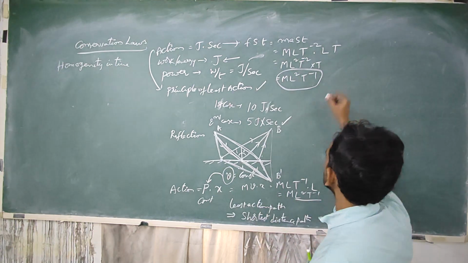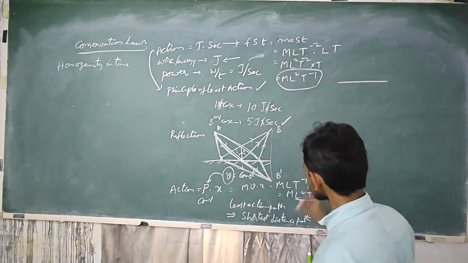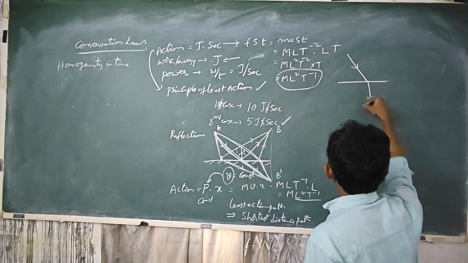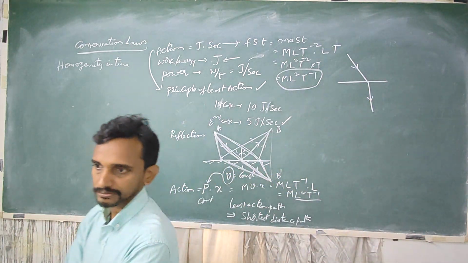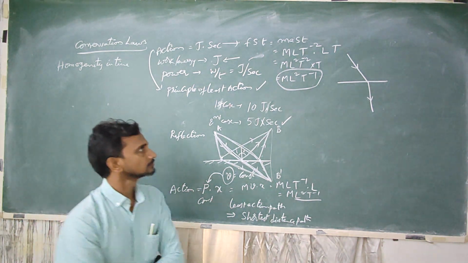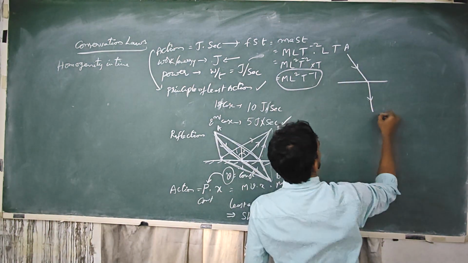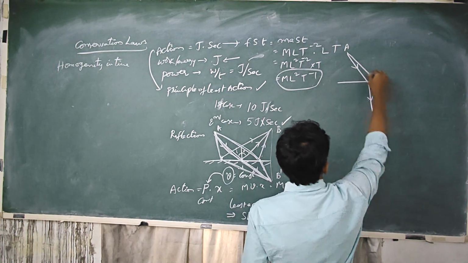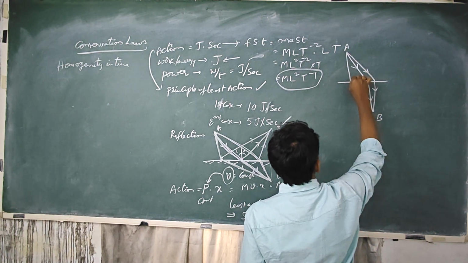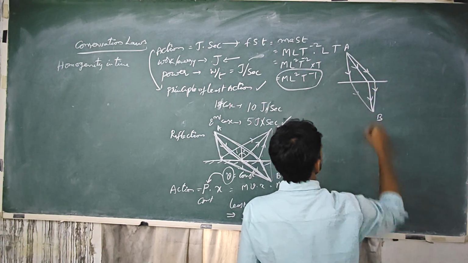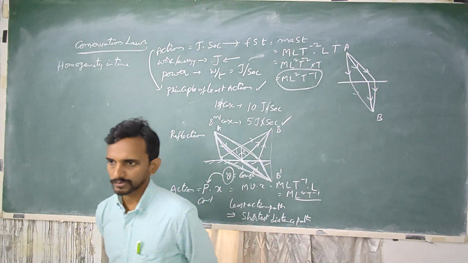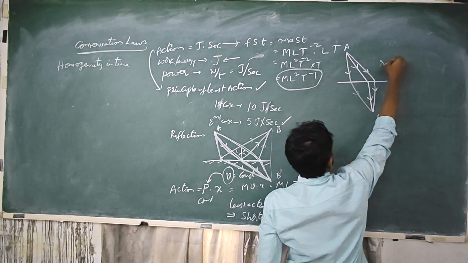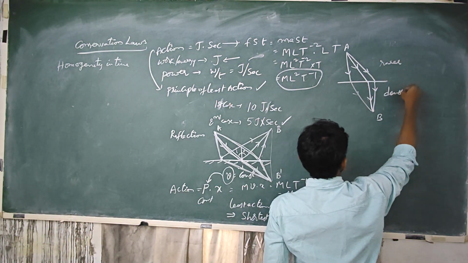Okay. So what about refraction? When light travels from one medium to another medium, here also we have three choices, traveling from A to B. Let's say this is the rarer medium and this is the denser medium.